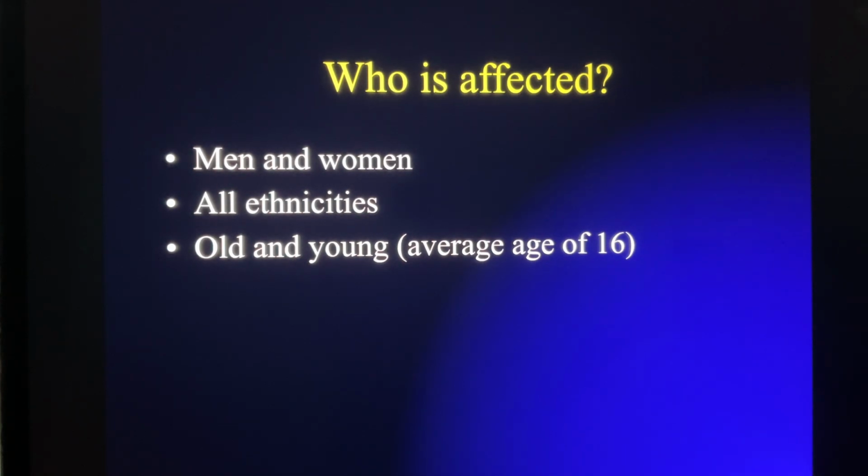But with colorectal cancer, we have seen it in both men as well as women. We have seen it in all ethnicities. We have also seen it in both old and young people. So it doesn't know your age. It doesn't care about your ethnicity. It doesn't care about your gender. All right? So we're all in this together.